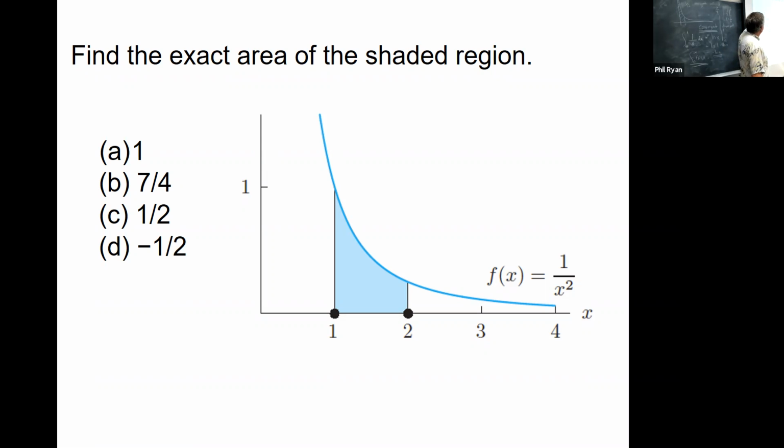So it can't be that. Can it be that? Too big. Can it be that? Negative. Okay, this is the only one it could possibly do. We didn't even have to do any math just by looking at it. Right? And of course, 1 on x squared, you know, the antiderivative is minus 1 on x. So it's equal to 1 minus a half. Yeah, it works if you want to.